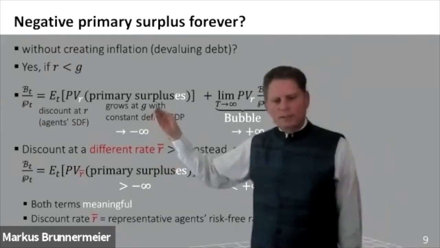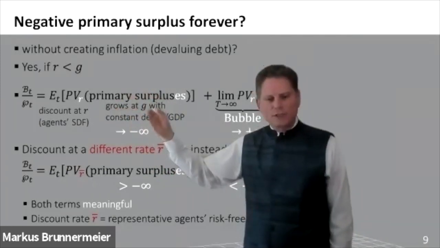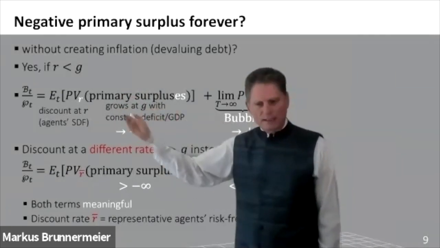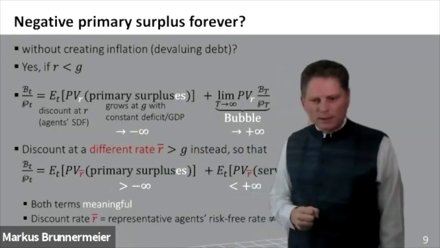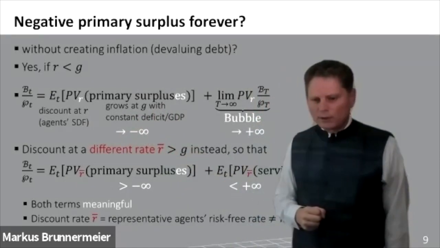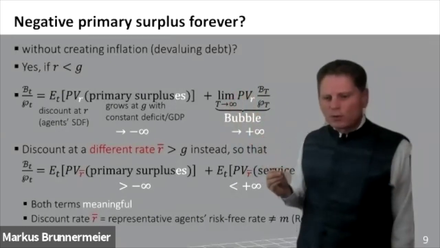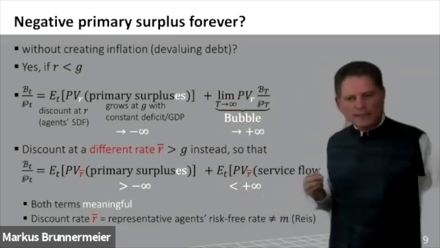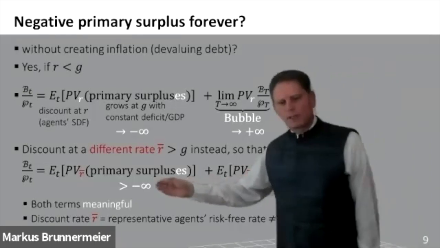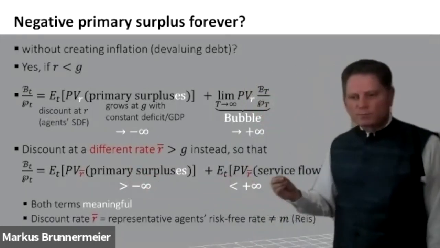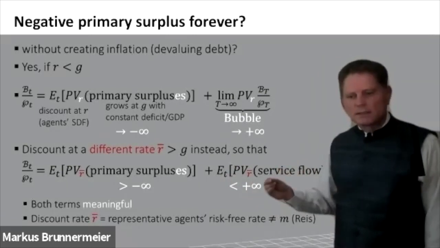So the deficits grow at the rate of G, we discount at a larger rate than G, and then this whole thing becomes finite. If you do the same thing for the second term, it also becomes finite. So we have something negative, but not minus infinity, and something positive, but not plus infinity.